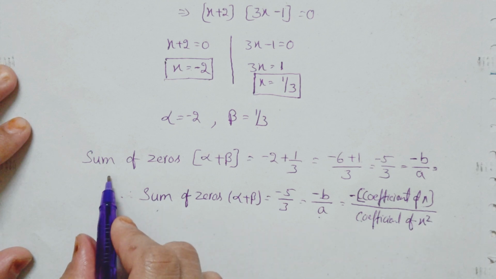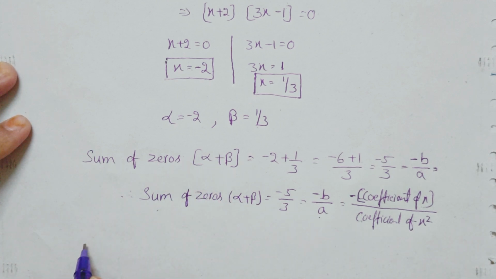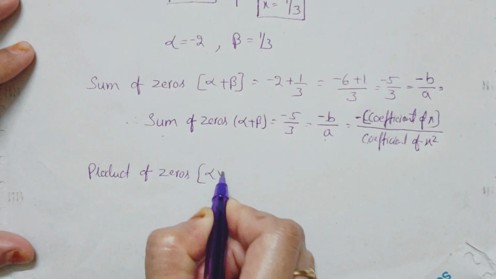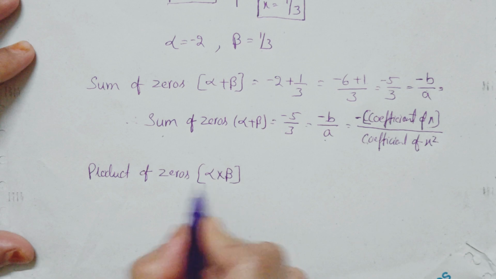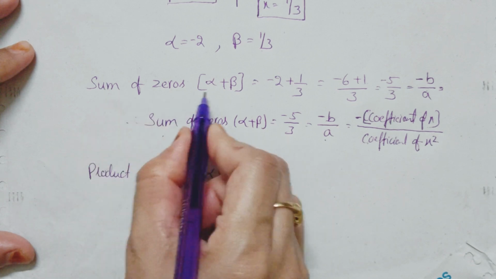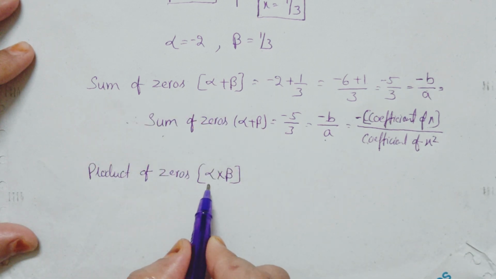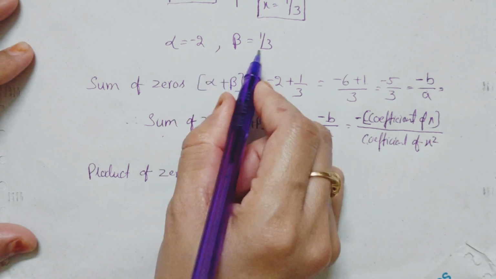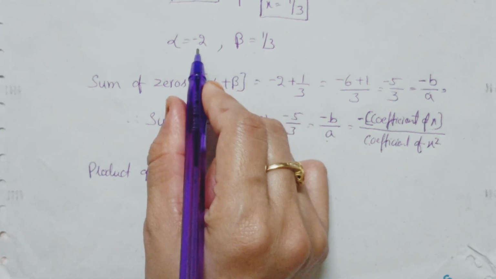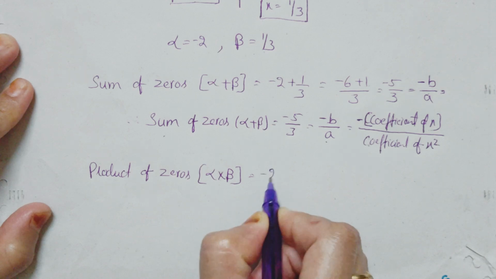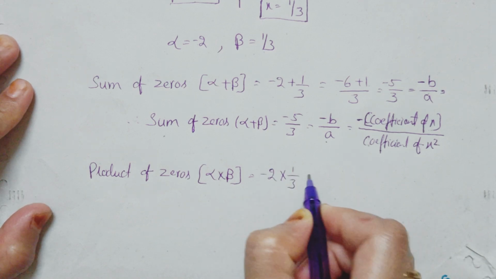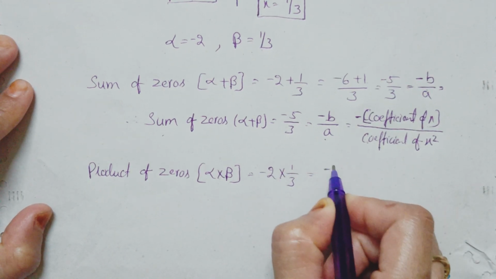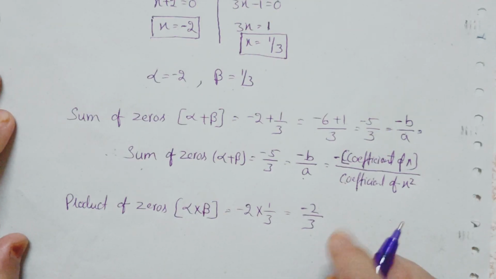Now we'll do the product of zeros. Product means multiplication, sum means addition. Product of zeros means alpha into beta. So here we have to multiply both the terms: −2 into 1/3. So what is the value? −2/3.